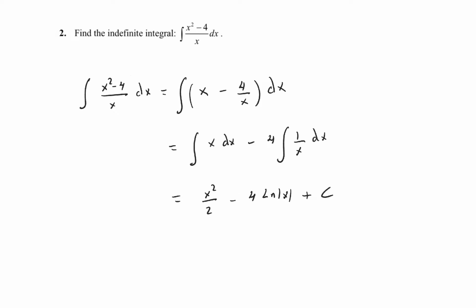So this expression is the same as x minus 4 divided by x. The antiderivative of x is x squared divided by 2. The antiderivative of 4 divided by x is 4 times log of x. So the final result is x squared divided by 2 minus 4 times log of x plus c.